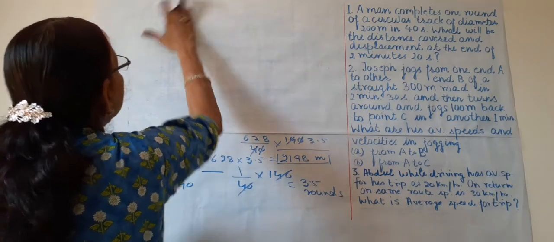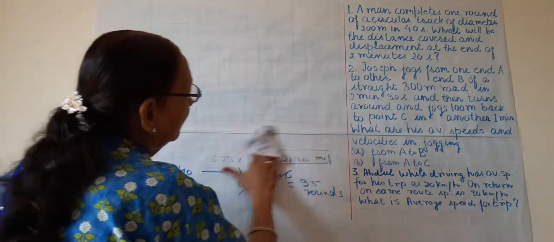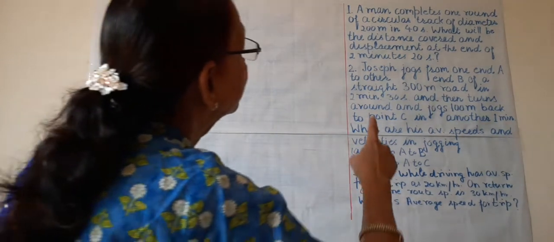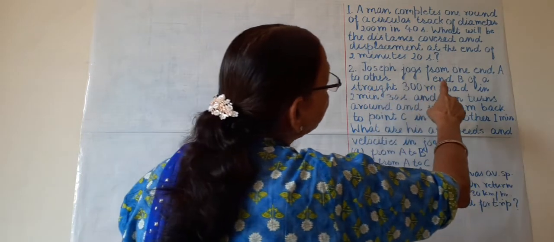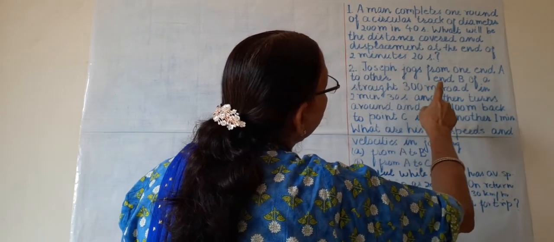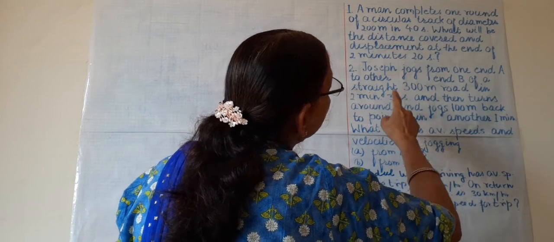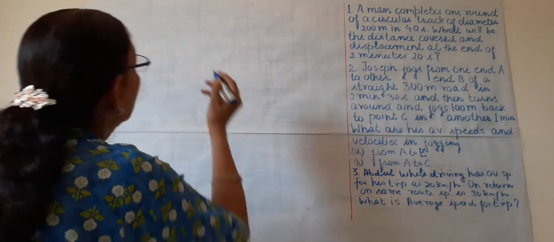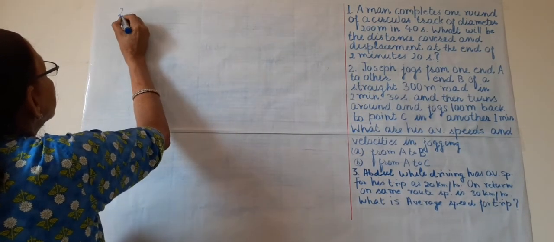Read the second one. Joseph jogs from one end A to the other end B of a straight 300-meter road. So this is the second question.